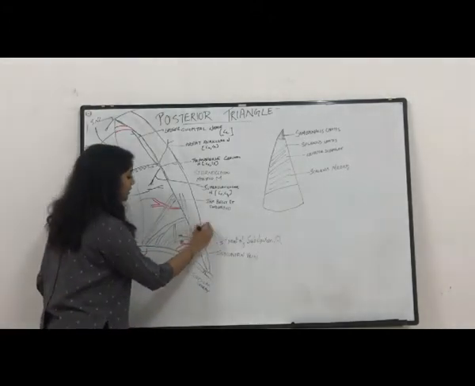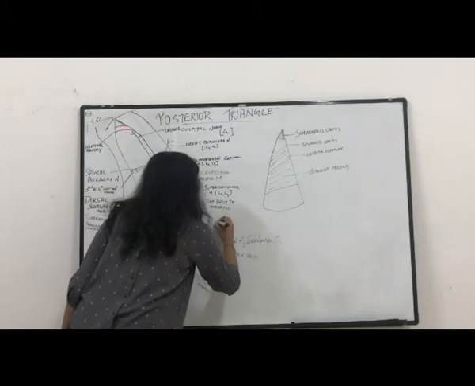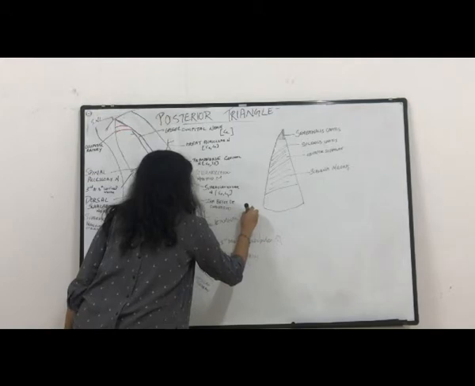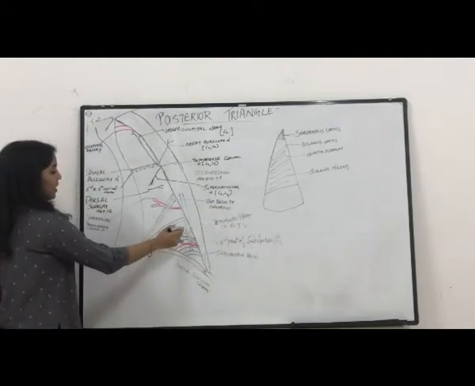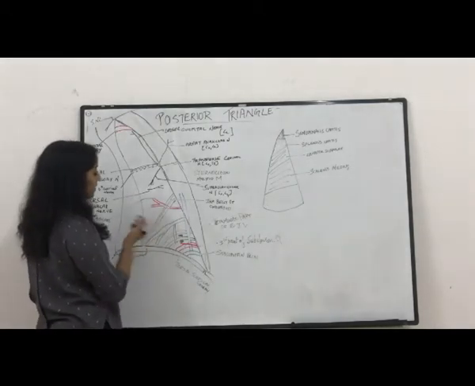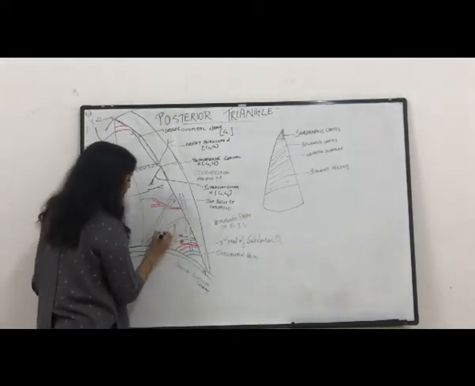And this is the terminal part of the external jugular vein, which ends at the subclavian vein. It also falls under the contents, and this is the main content, the upper trunk.